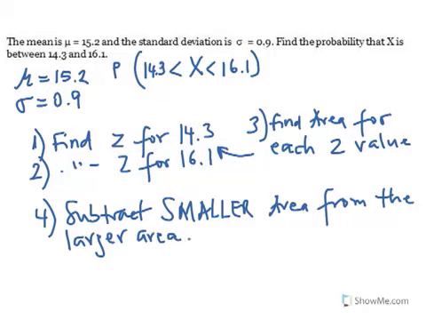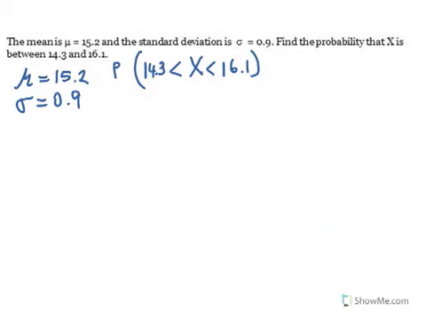So these are the 4 steps that you need to do in order to find the probability or the area bound by 2 z-scores. Okay, so let's start doing it. So the first thing is to find the z-score of 16.1. That's the value right here. So that's going to be x minus mu over standard deviation.